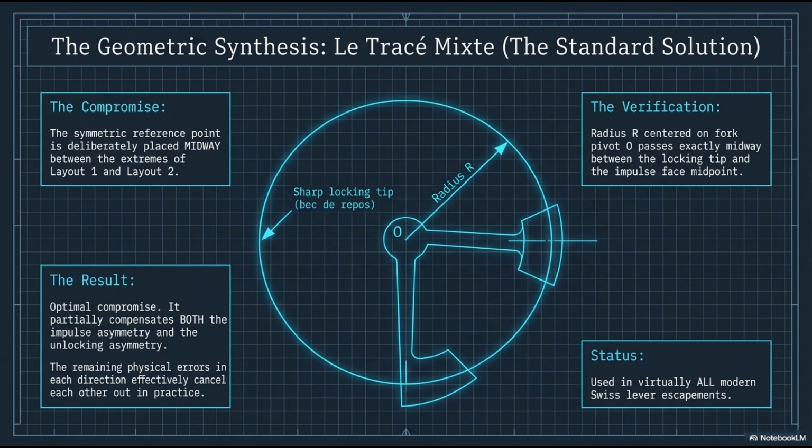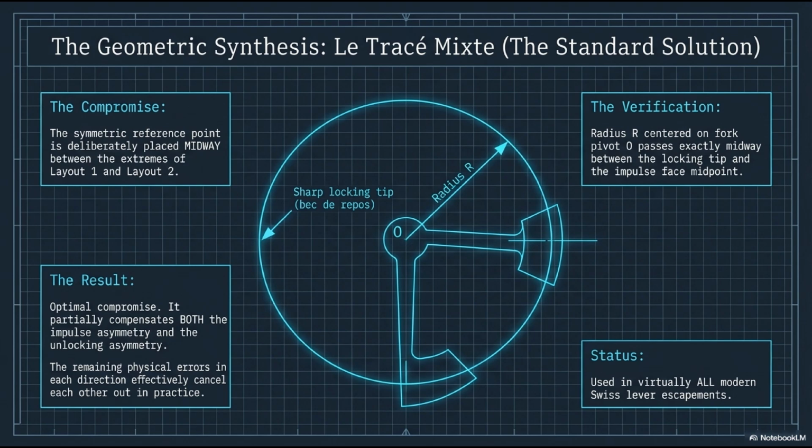The result: a partial compensation of both asymmetries. The residual impulse asymmetry from moving away from equidistant levers partially cancels the residual unlocking asymmetry from moving away from equidistant rest. The two errors are of opposite sign, and in practice they largely offset each other.